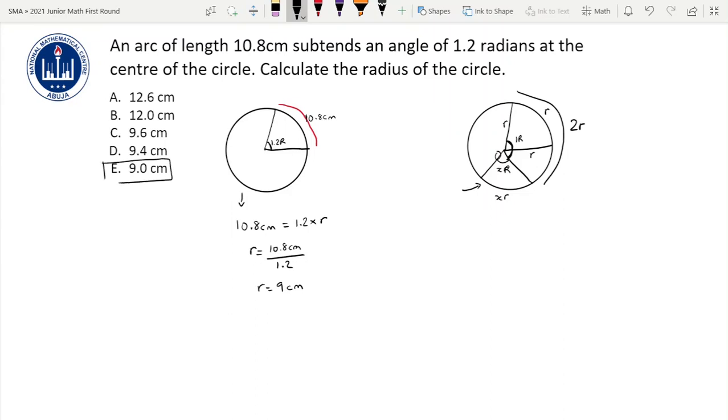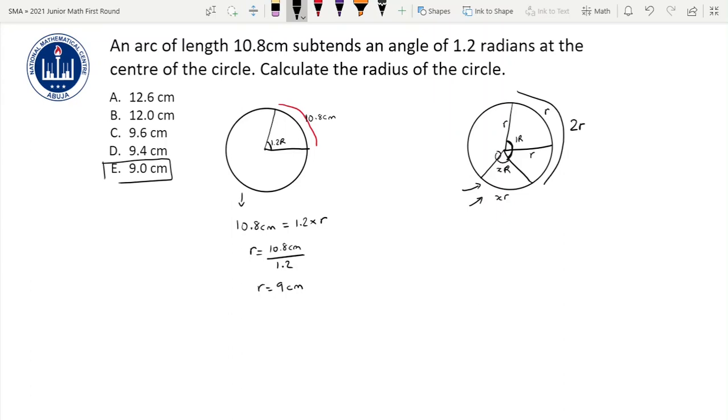So let me just recap radians, the unit of measuring angles. Like I said before, if the measure of an angle at the center of a circle is x radians, then the length of the arc that angle is facing is going to be x times the radius of that circle.